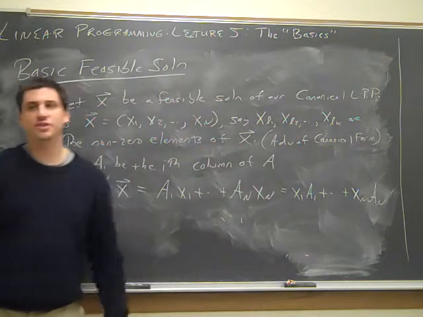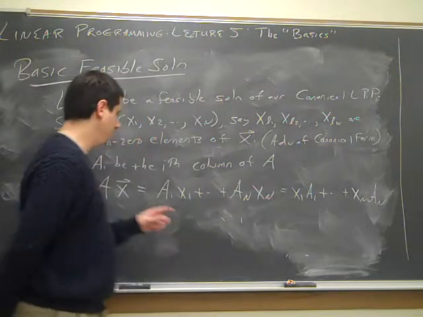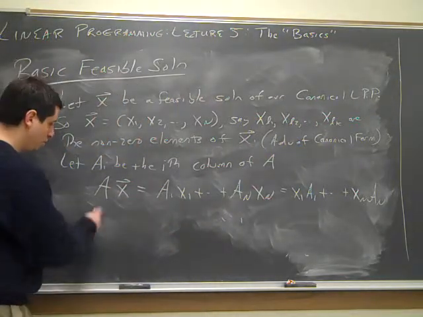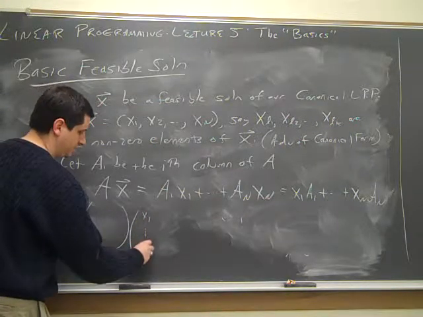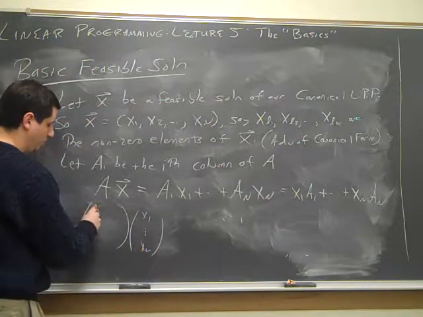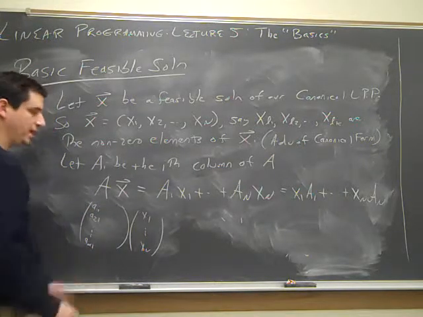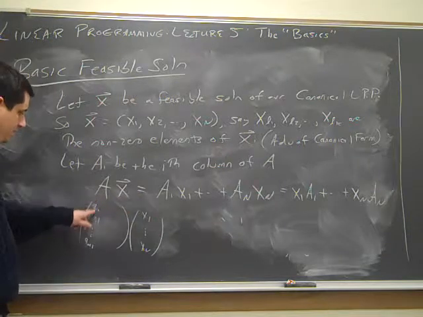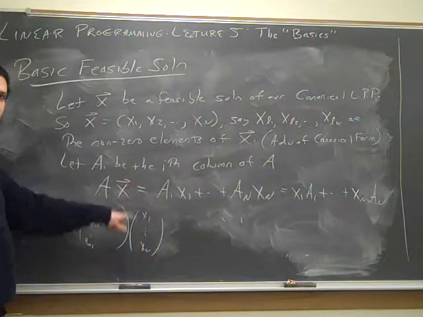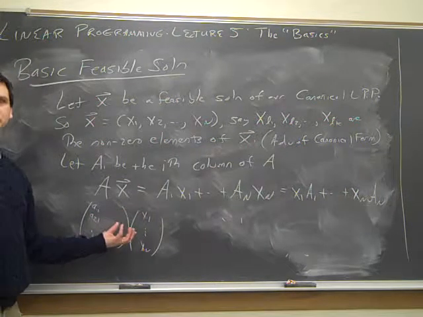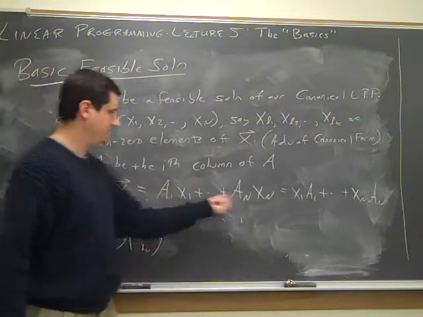So we talked a little bit about this in the linear algebra review at the start of the semester. If I'm looking at this matrix multiplication, what do I have? I have my matrix A, I have x1 through xn, I have my column a11, a21, am1. And when I multiply it out, it's the same as multiplying the first column of A by x1, the second column of A by x2, etc., and then add. So when I look at Ax, it's really this.